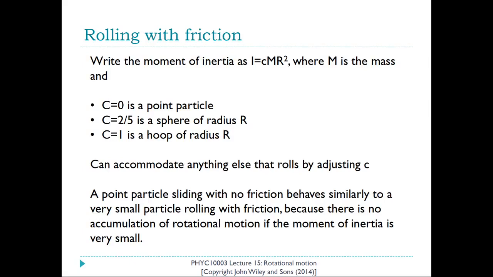So point particles sliding with no friction behave similarly to a very small particle rolling with friction, because there's no accumulation of rotational motion if the moment of inertia is very small. This is something we've discussed before. If the moment of inertia is extremely small, it's going to act like a particle sliding with no friction.